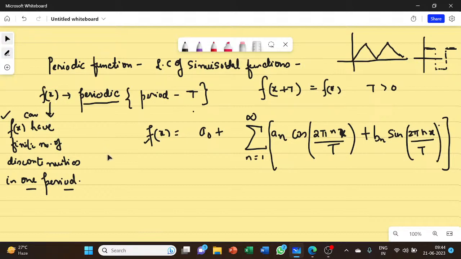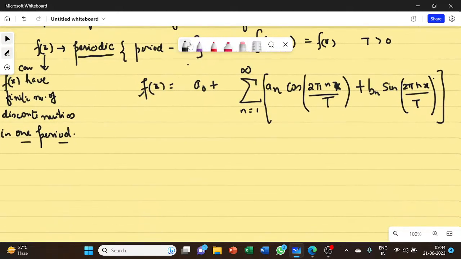Now you know that these constants a_n, a naught, and b_n are called Fourier coefficients. It is quite easy to see that sines and cosines are orthogonal to each other. So in order to extract a and b, multiply this entire expression by cos 2 pi nx upon T.